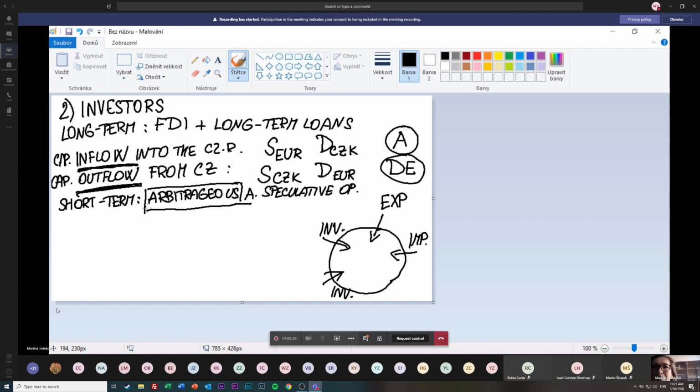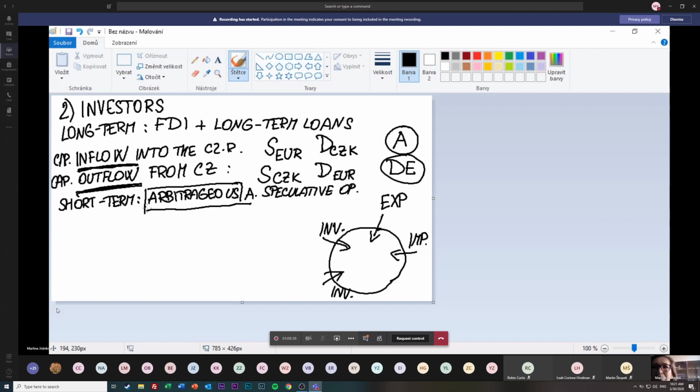So let's write, please. Imagine in Prague, here is the exchange rate, 1 euro for 25 Czech crowns. And in London, there is the exchange rate, 1 euro for 26 Czech crowns. So we are at the same time, the same moment.